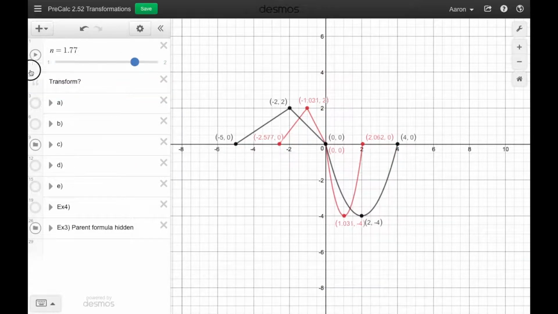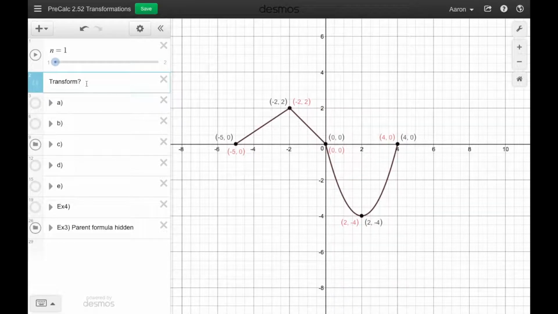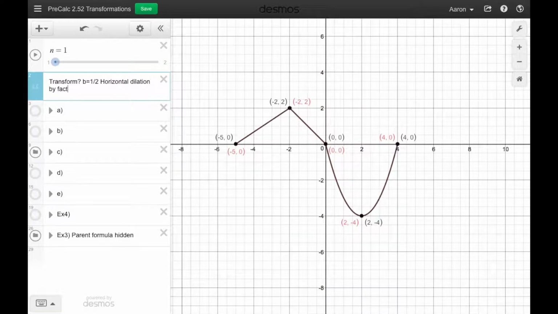C. So when I look at the equation for C, it says r of x is equal to f of 2x. That means it's a b value. It's 2 times x. But remember, we're defining b in terms of x divided by what? It's the reciprocal of 2, which is 1/2. So if the b value is 1/2, that means we're going to have a horizontal dilation by a factor of 1/2.